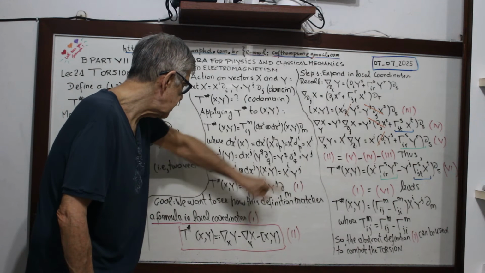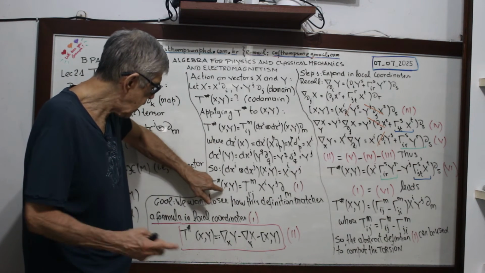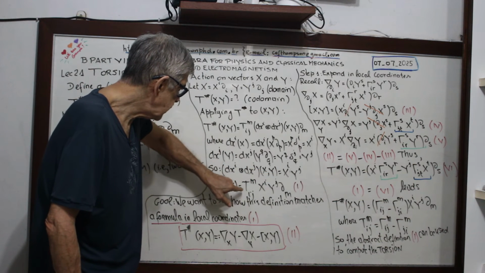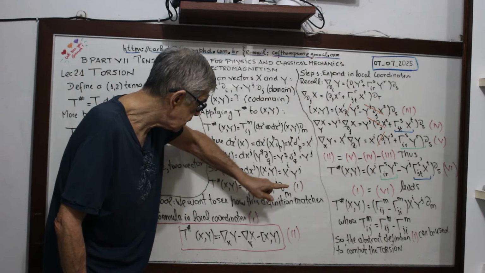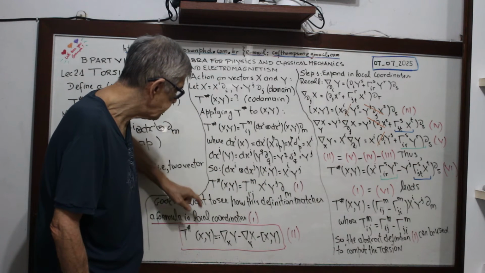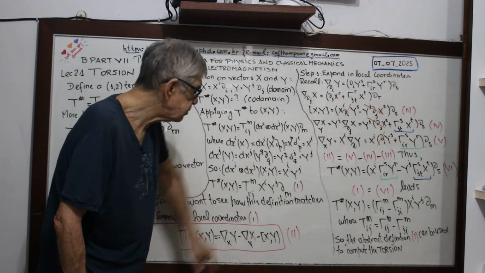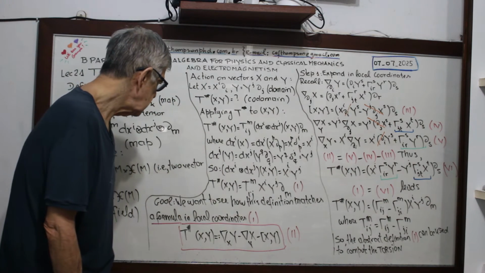Substituting, T# acting on X, Y is T^m_{ij} X^i Y^j. Attention, this is a vector field, ∂/∂x^m. I call this relation 1.